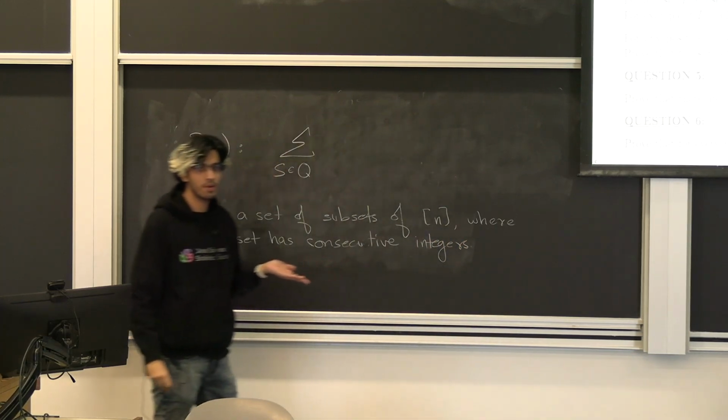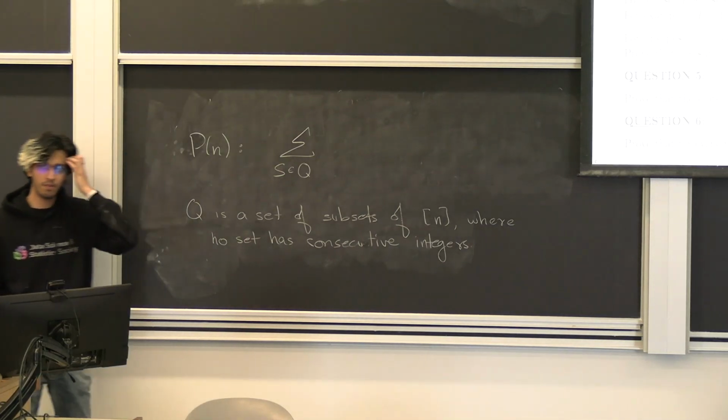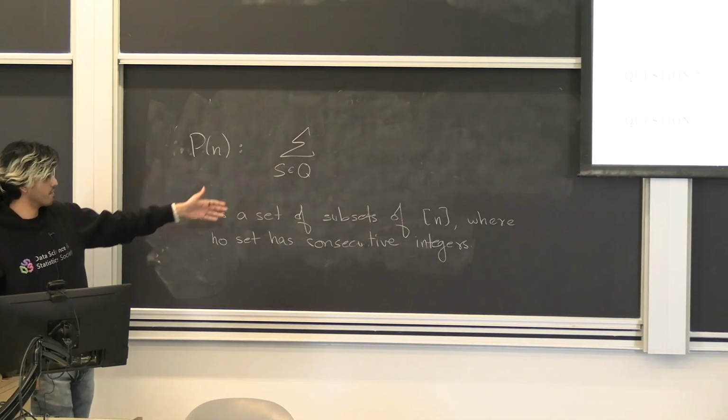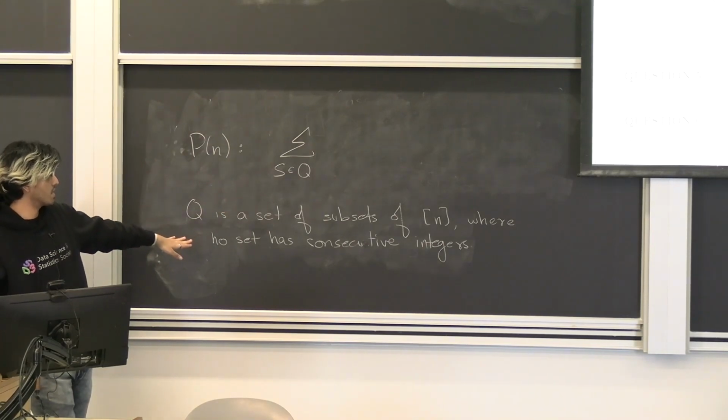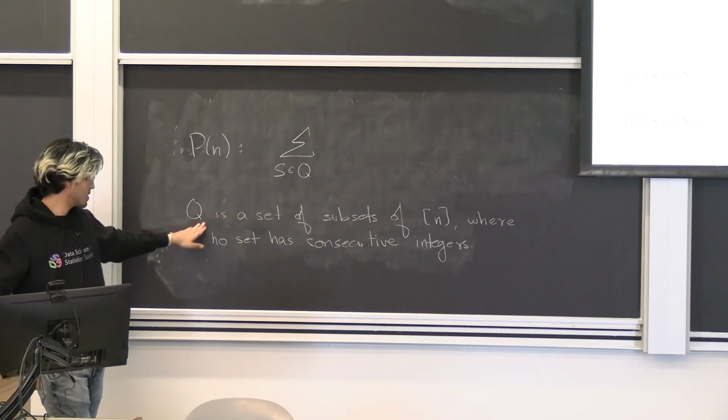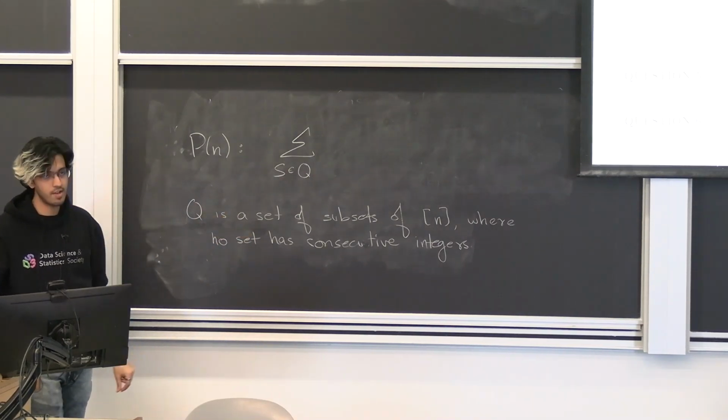So for those of you that were here for the first review seminar, this is sort of like the power set, right? It's a set of subsets of n, but with the added constraint that all the sets in Q don't have any consecutive integers. Okay.